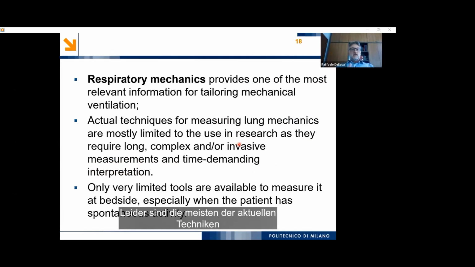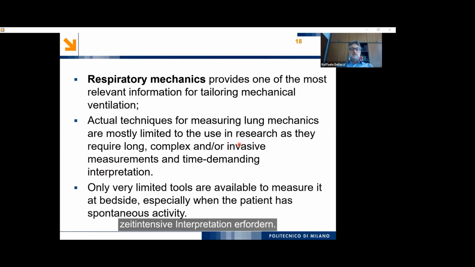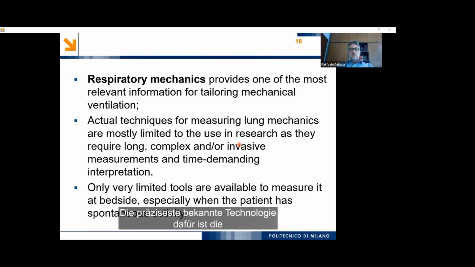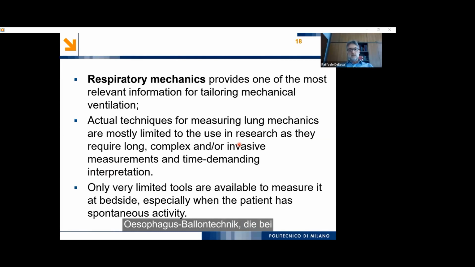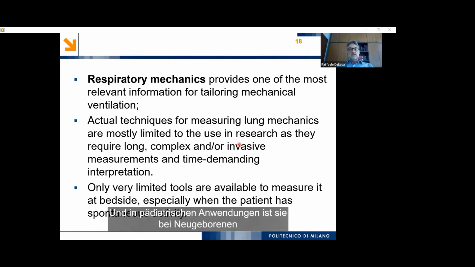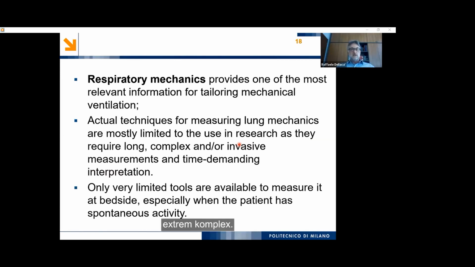Unfortunately, most of the actual techniques for measuring lung mechanics are limited to use in research, as they require long, complex, and invasive measurements and time-demanding interpretation. The most accurate and known technology for doing this is the esophageal balloon technique, and as you know, this is very difficult in adults, and pediatric application is extremely complex when applied to neonates.